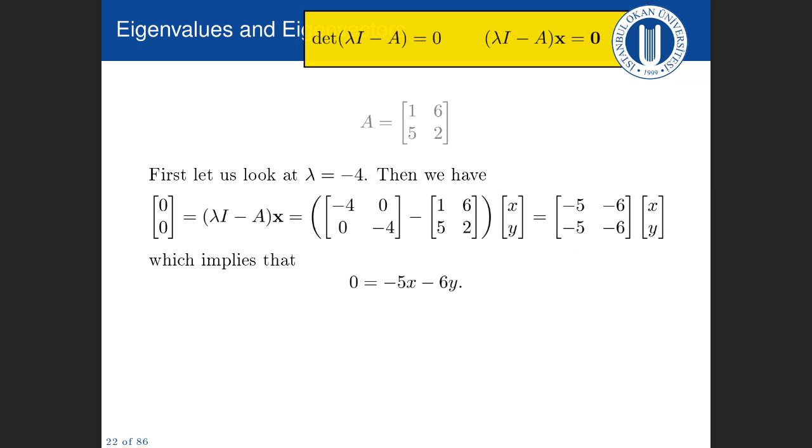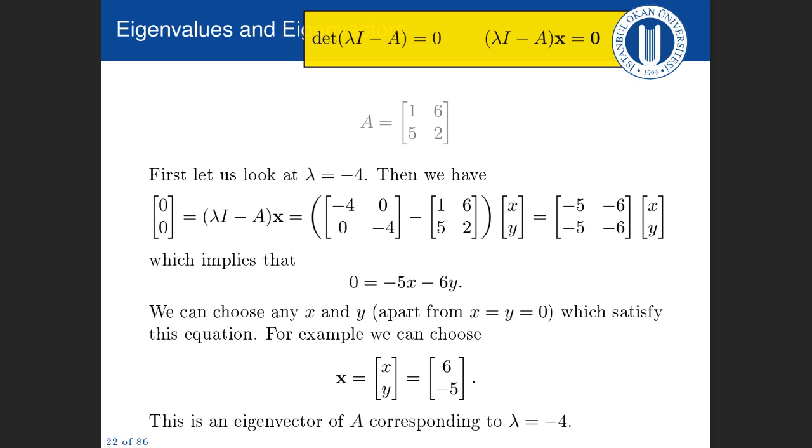We can take any x and any y, apart from the 0 vector, we can't have both x and y 0, any non-zero x and y, which satisfy this equation. So, for example, if we wanted to, we could choose x is 6 and y is minus 5.